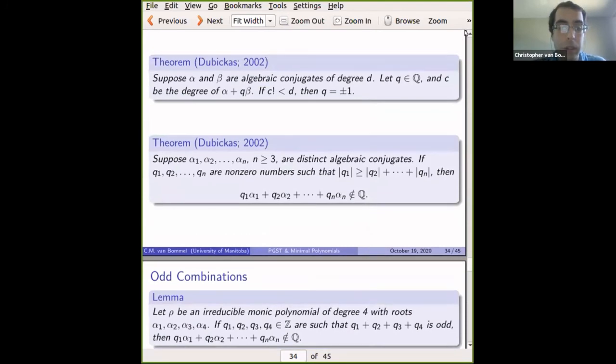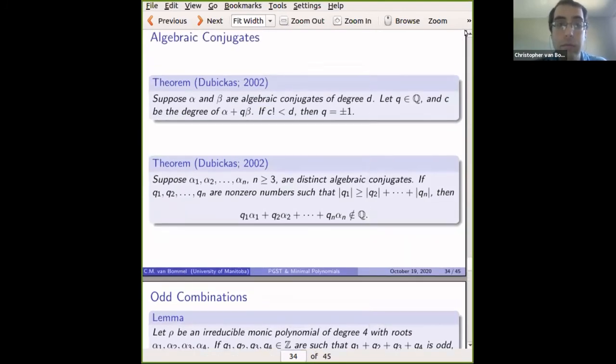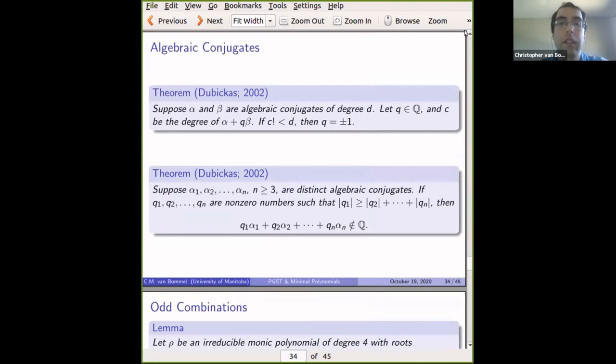So I've recently been looking at these algebraic conjugates to consider what these rational combinations of the roots of these polynomials can come out to.